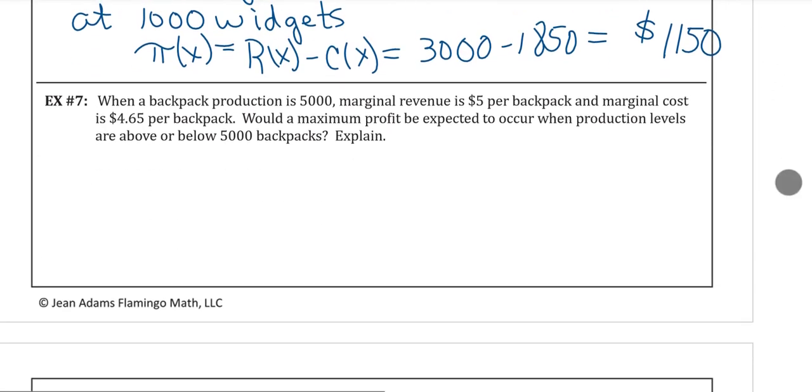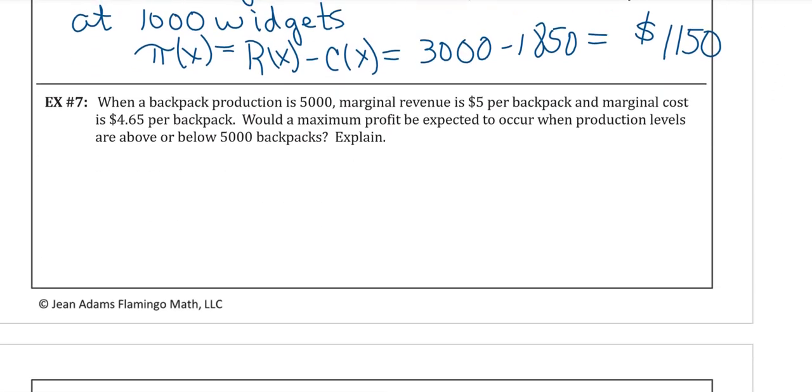Next, example 7. When a backpack production is 5,000, marginal revenue is $5 per backpack, and marginal cost is $4.65 per backpack. Would a maximum profit be expected to occur when the production levels are above or below 5,000 packs? Explain.